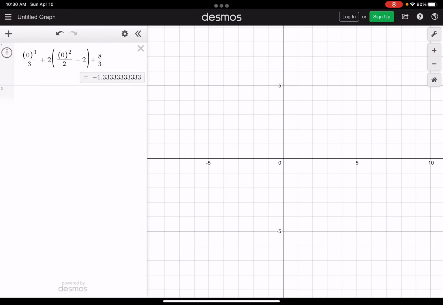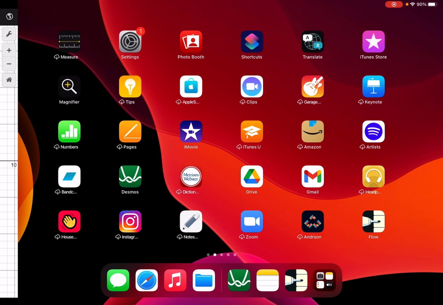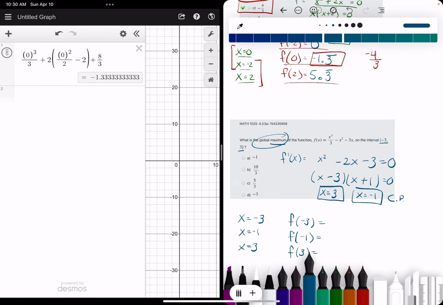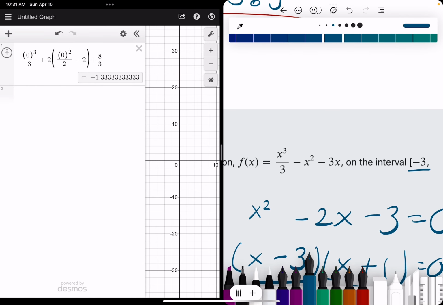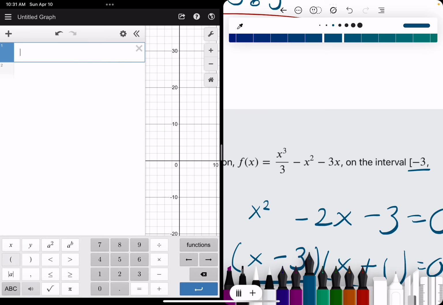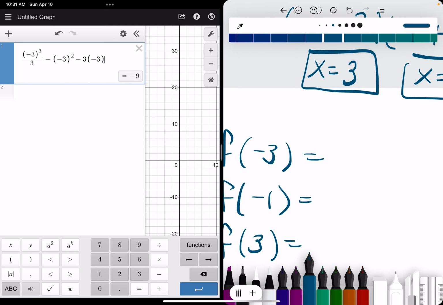Opening up Desmos, starting with negative 3: minus negative 3 squared, and then minus 3 times negative 3. And we get negative 9 for the first one.